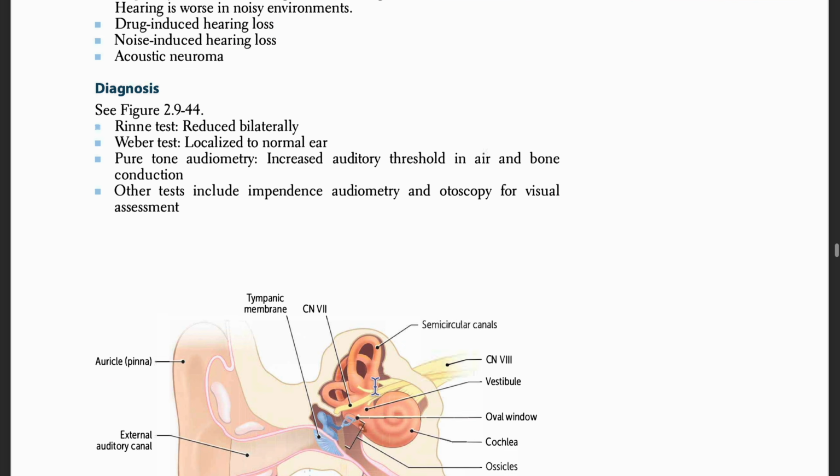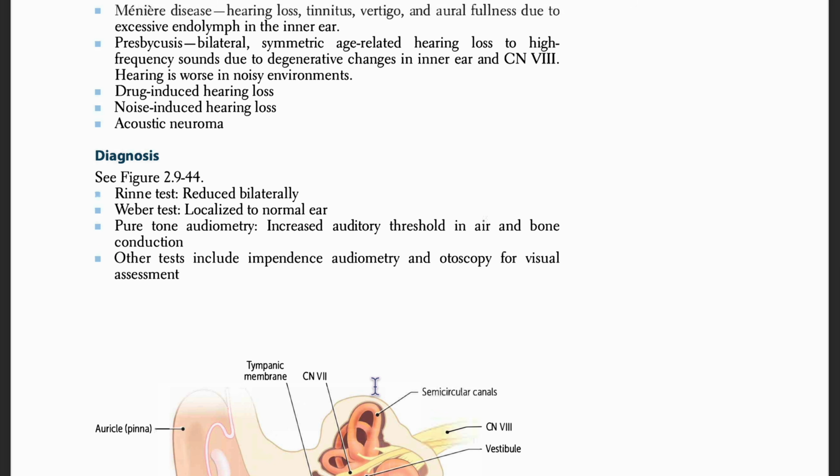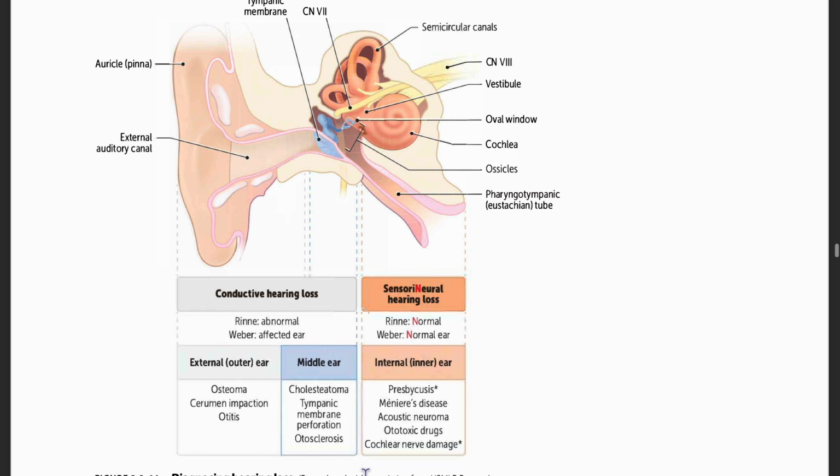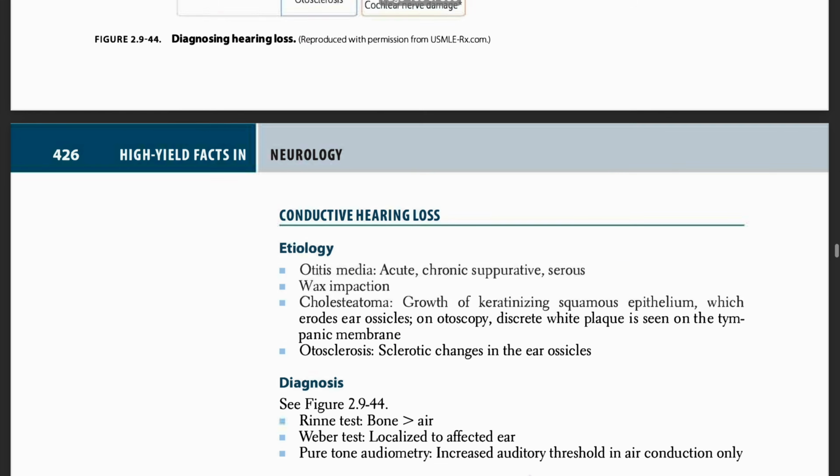Hearing is worse in noisy environments. Shouldn't it be better? Hearing is better in noisy environments, I think that's what we're trying to see here. Meniere's disease, acoustic neuroma, ototoxic drugs, and cochlear nerve damage.